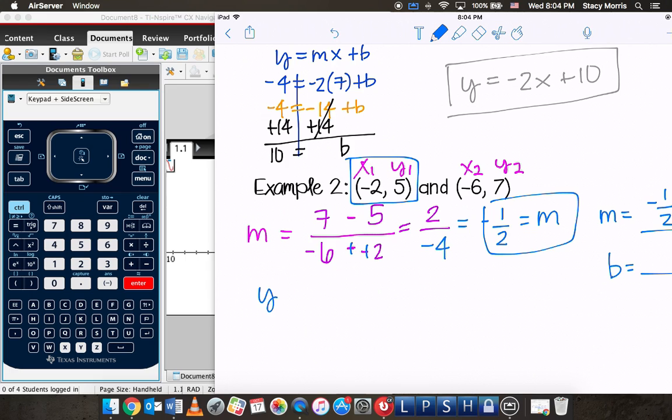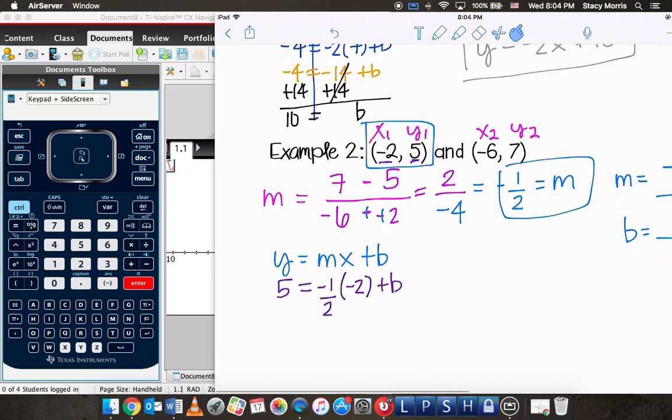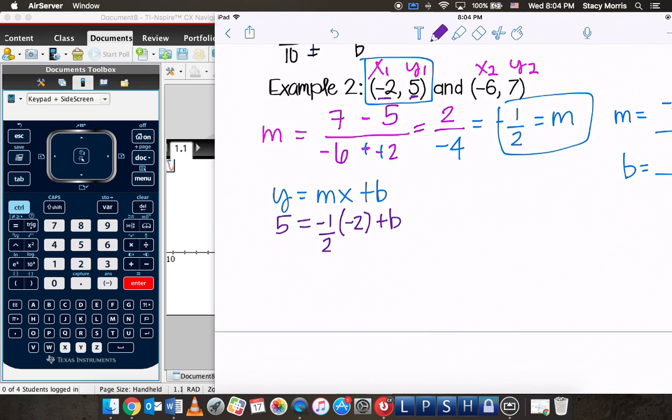So in y equals mx plus b, I'm going to plug in the y from the coordinate. So my coordinate has a 5 for y, equals m we got was -1/2, times our x from our coordinate is -2, plus b. And now we solve for b.